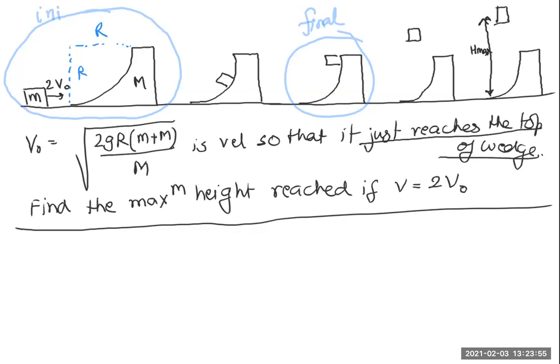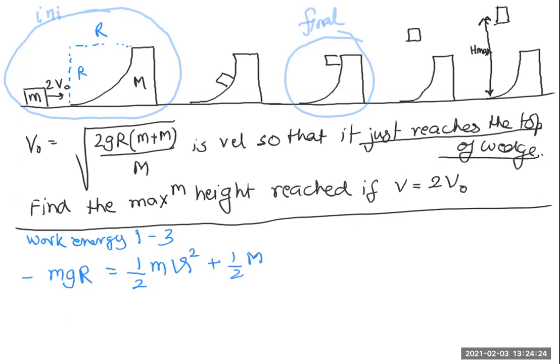So if I apply the work energy theorem between 1 and 3, then I will get minus mgr, that is the work done by Earth, is equal to the final kinetic energy, that is half mv square plus half mv square minus the initial kinetic energy, that is half m into 2 v naught square.